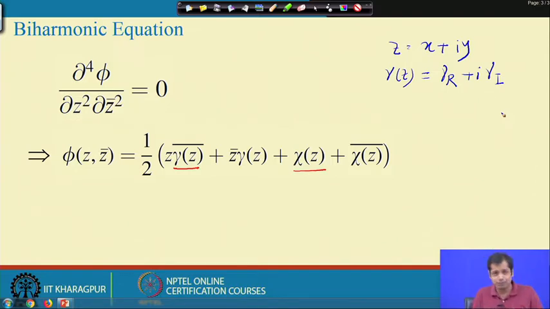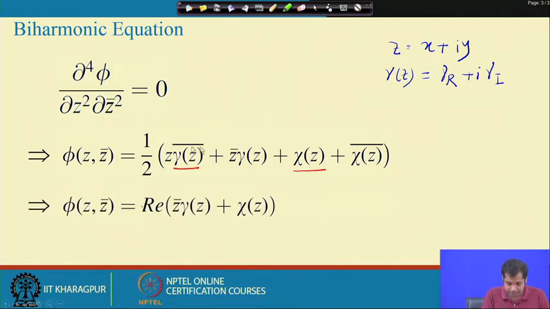So, if phi has to be real, then in this expression there will be some real part and imaginary part. If phi has to be real, then we can ignore the imaginary part, and phi will be the real part of the entire thing.